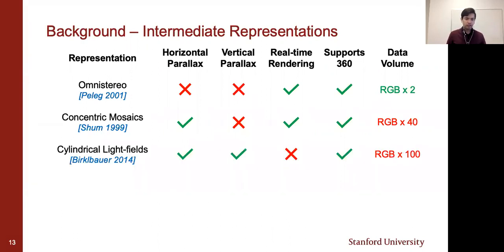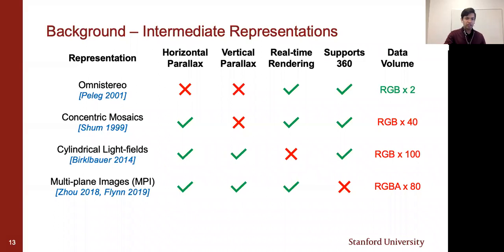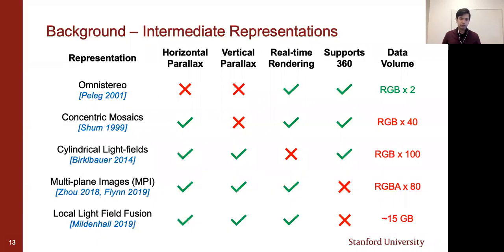Next, we have cylindrical light fields that can result in convincing vertically as well as horizontally translated novel views. However, they don't support real-time rendering and also require on the order of 100 panoramas to store a single scene. Multiplane images combined with deep learning have been gaining popularity in the past couple of years.